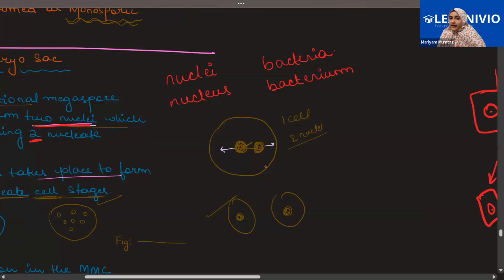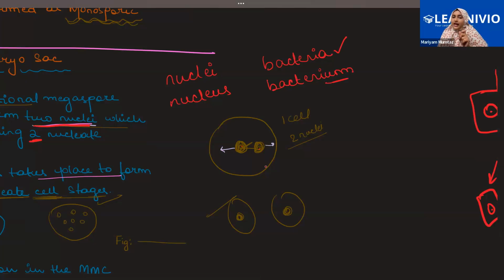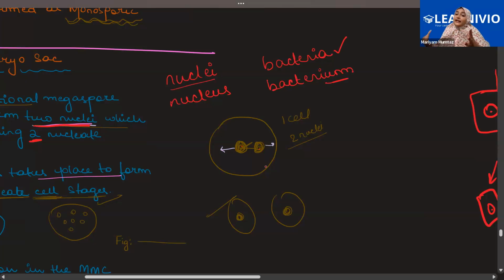See, bacteria is a plural word, bacterium is singular, when you're talking about one bacterium. And nuclei means multiple nuclei, nucleus means only one. One is plural and this is singular. That's just the difference.